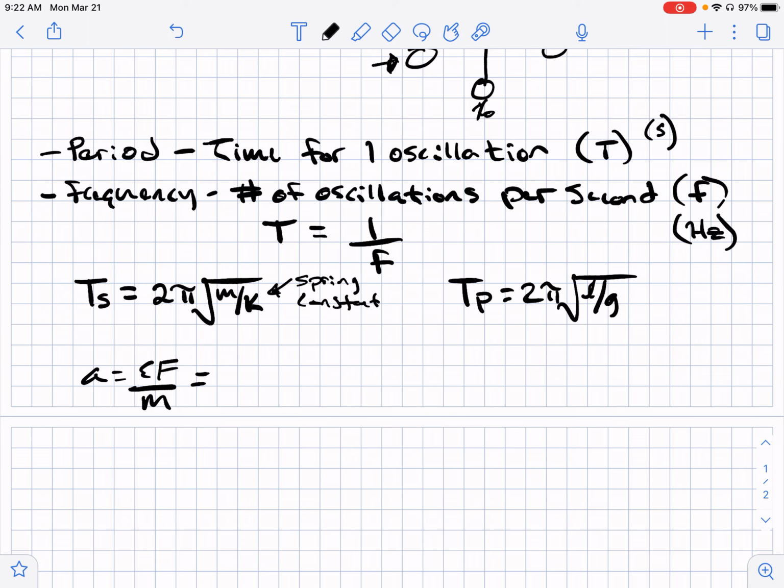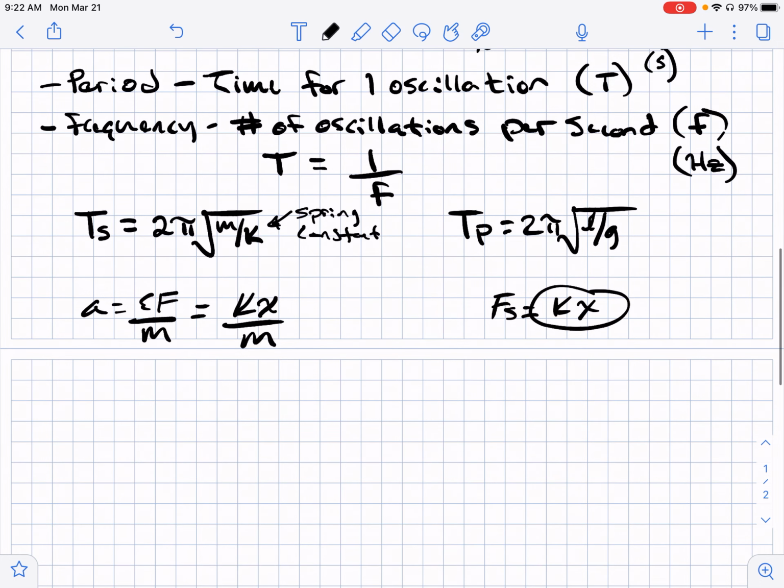Because remember, Hooke's law says the force of a spring is equal to kx. So we could substitute this in for your net force for a mass on a spring. So it'd be kx divided by the mass. So remember some of those equations from last semester. You'll see those come up throughout this unit.